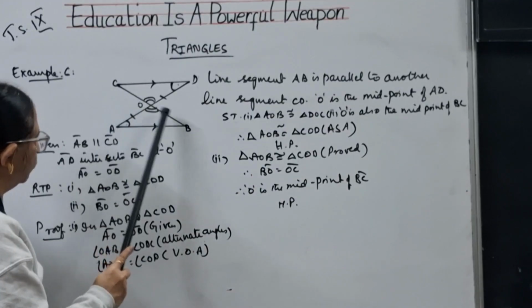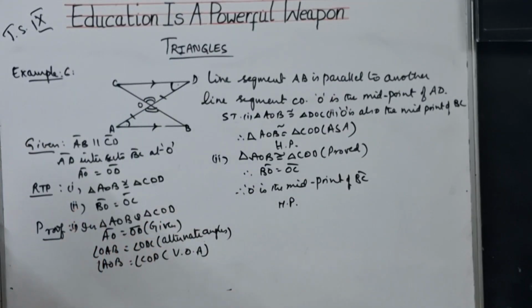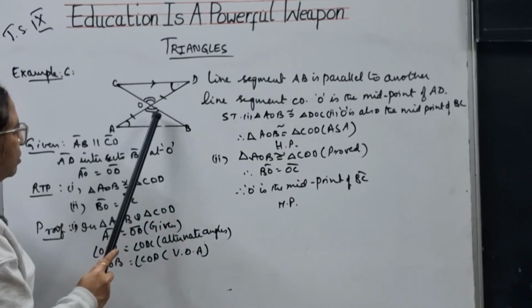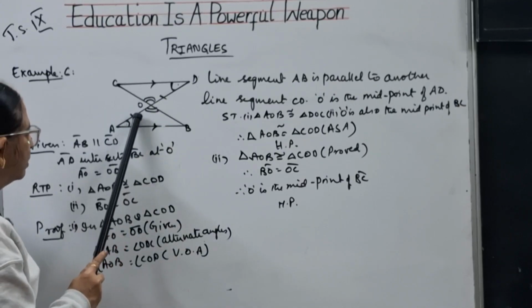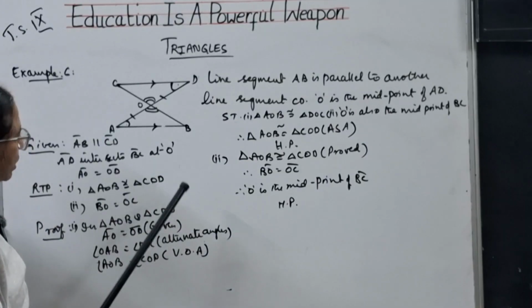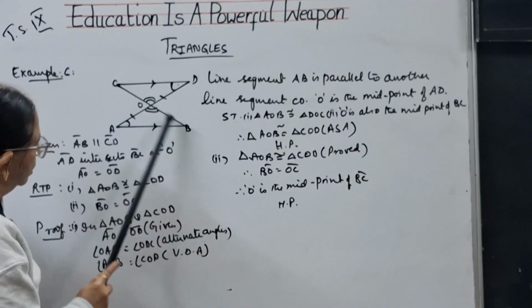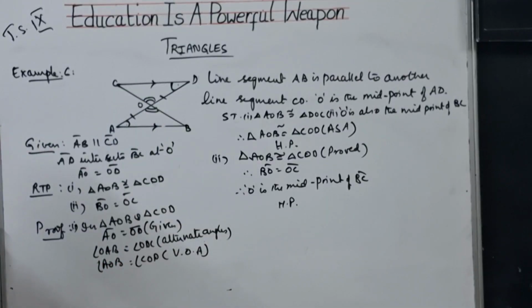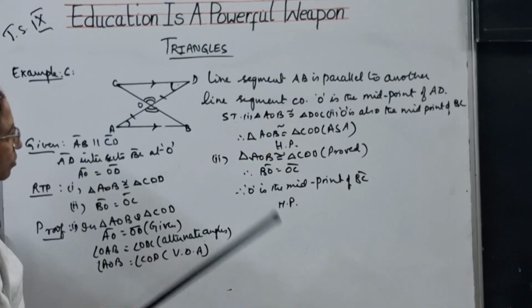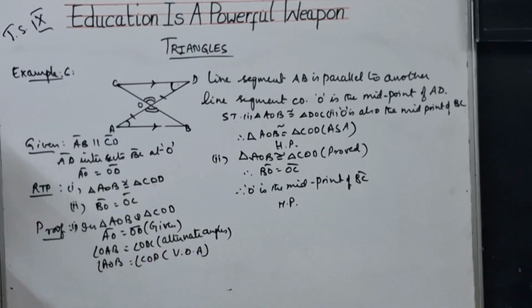And angle AOB is equal to angle COD, vertically opposite angles. So these two triangles are congruent based on angle side angle property. That is the first proof. And second proof, since these two triangles are congruent, their corresponding sides will be equal. So BO is equal to OC. If BO is equal to OC, O is the midpoint of BC, children. That's all.